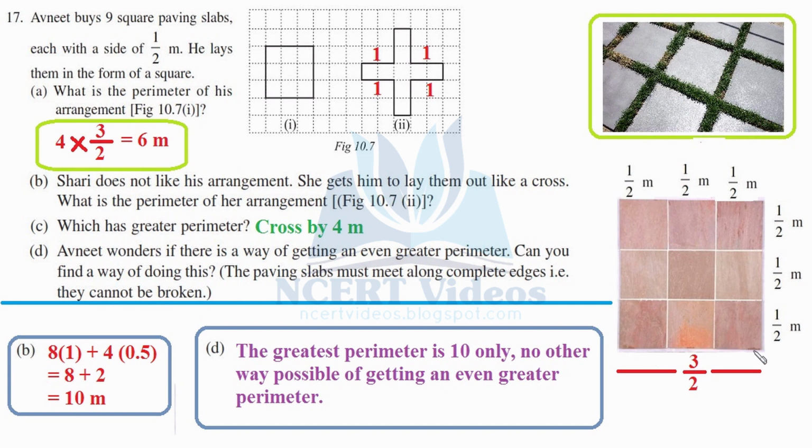Again, it will be a square made up of 9 paving slabs. So what is the perimeter of this arrangement? So he lays in this fashion as we have shown in this figure. So 3 by 2 into 4, because 4 into side is the formula for square. So 2 into 4 is 8... or 3 into 4 is 12, by 2 is 6 meter. It's your perimeter.